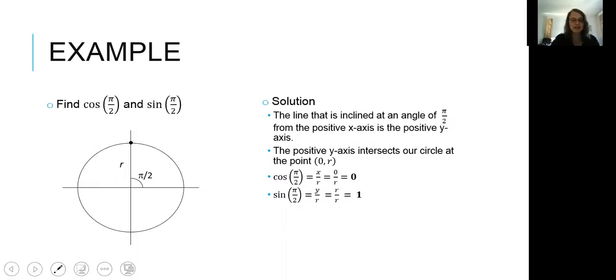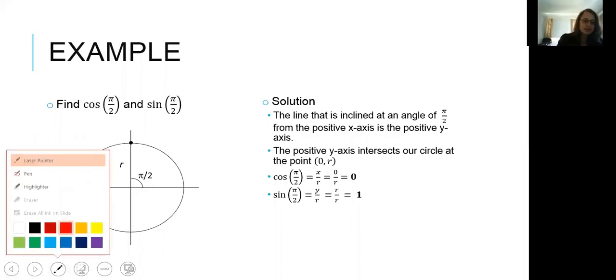Now, we can also use our circle to find the sine or cosine of an angle. In this case, we want to find the sine and cosine of the angle pi over 2. You remember from the last lecture that pi over 2 is 1/4 of the way around the circle.